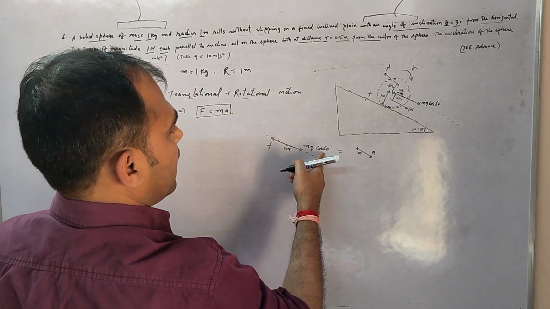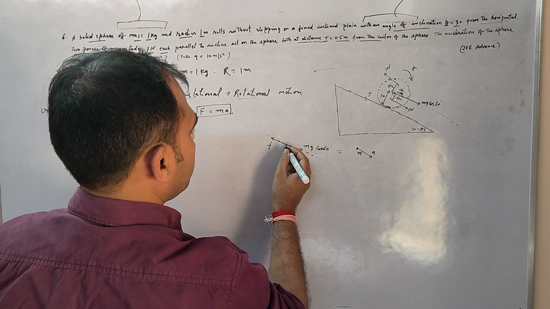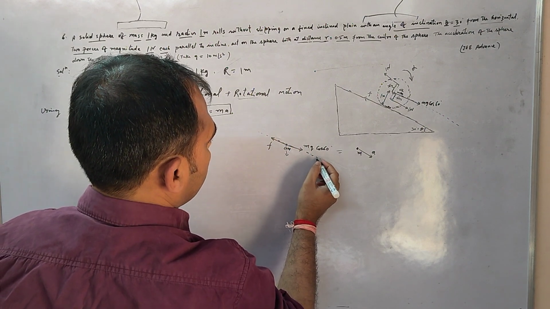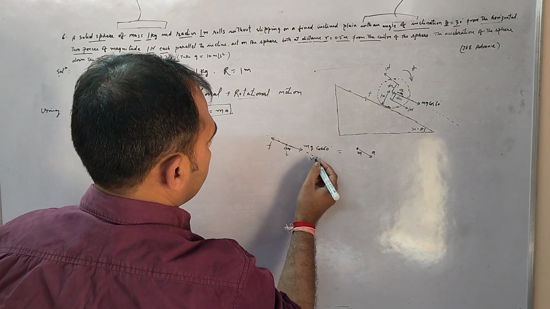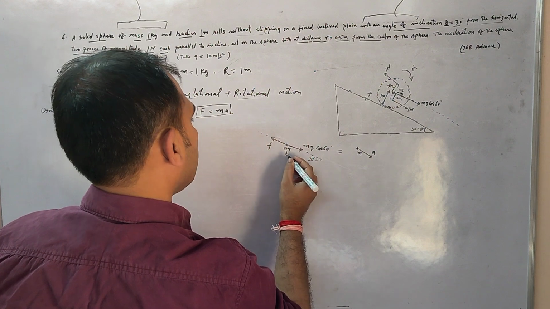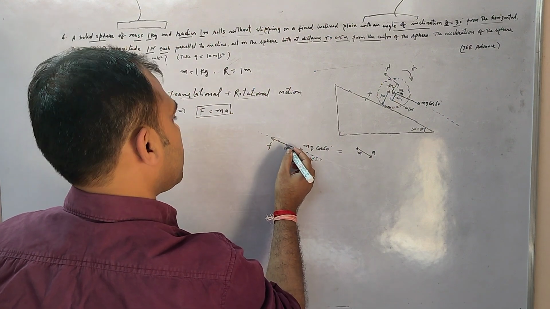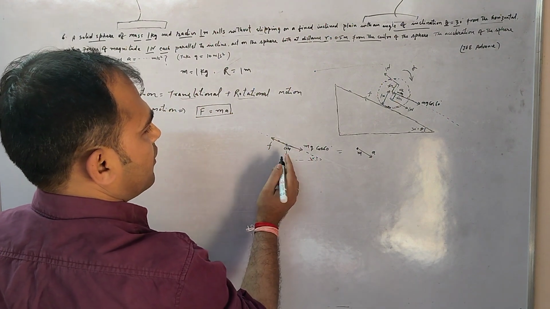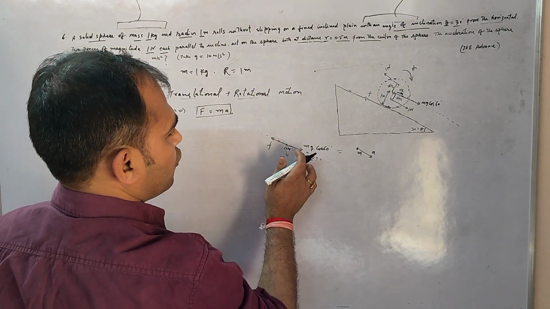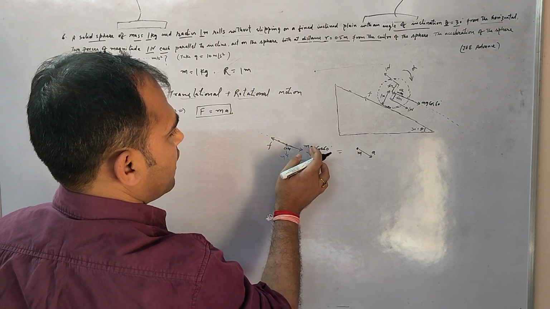How did we get this mg cos 60? See, mg is acting vertically downward. This is 30 degree, so this will be 60 degree. This is mg vertically downward, so the component of mg along this will be mg cos 60.